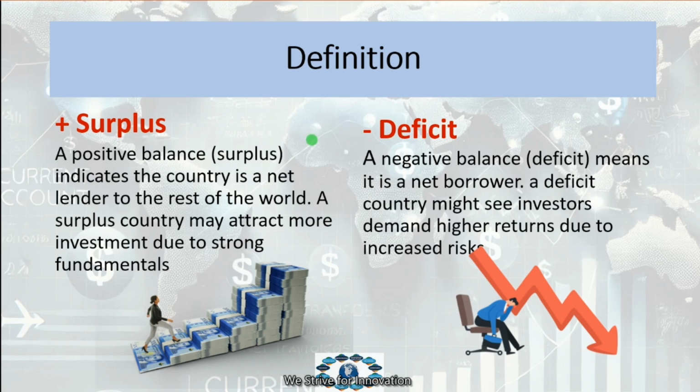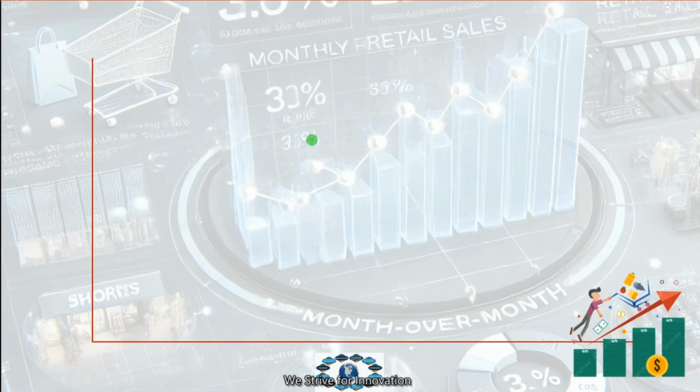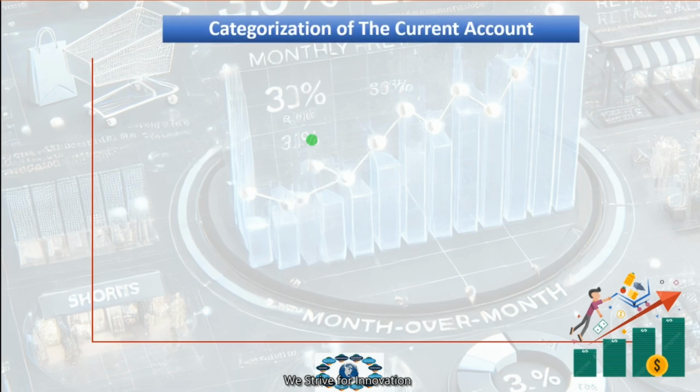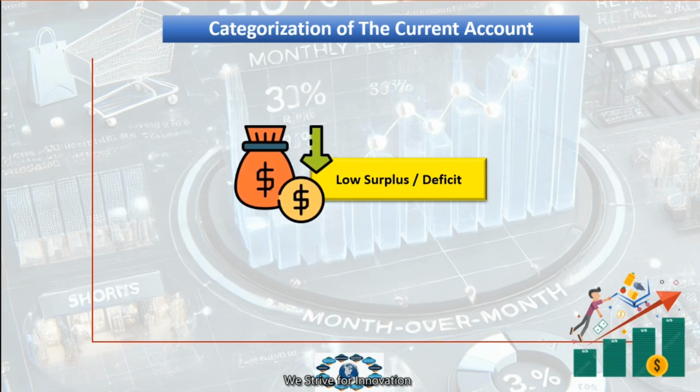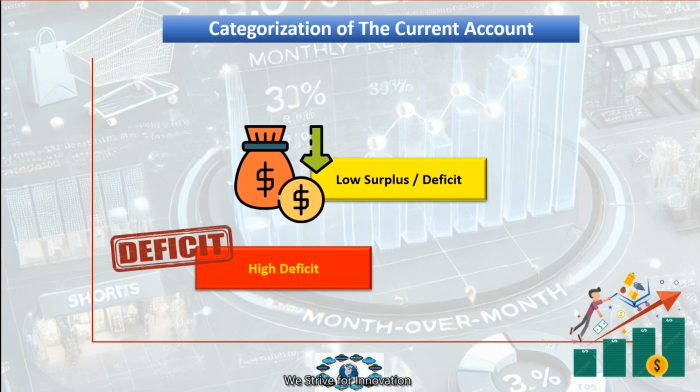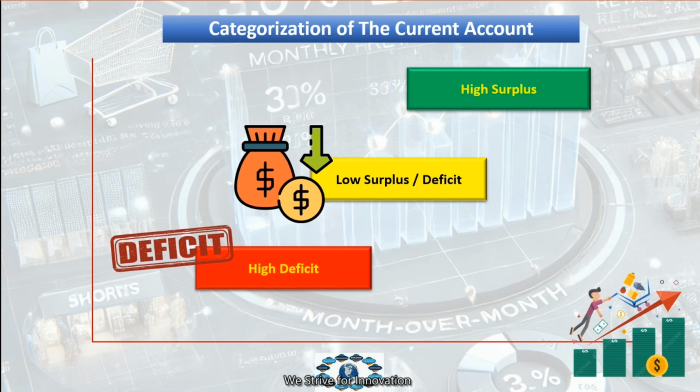So now let's look at the categorization of the current account and how we categorize it. We either have a low surplus or deficit, or we have a high deficit, which will be very risky, or we have a high surplus.